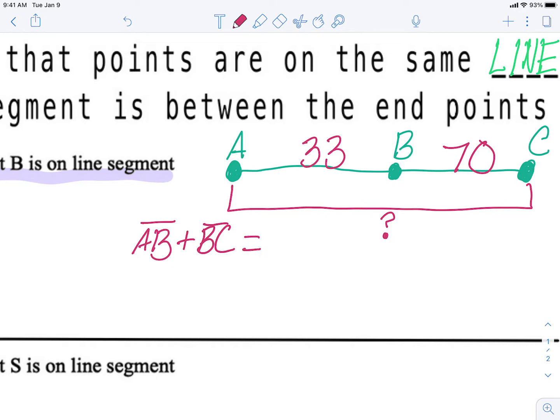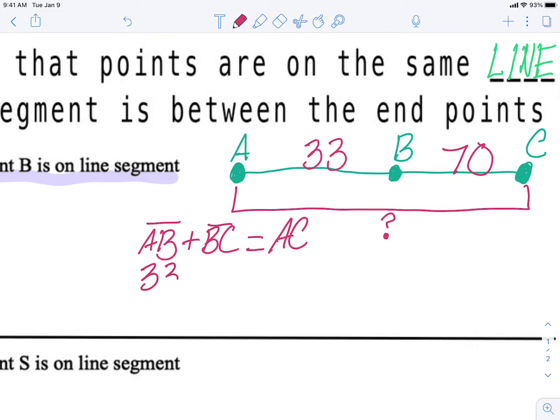And the long segment from one point all the way to the other is AC. So AB I know is 33 plus BC I know is 70, and AC I don't know, so I'm going to leave it as AC.